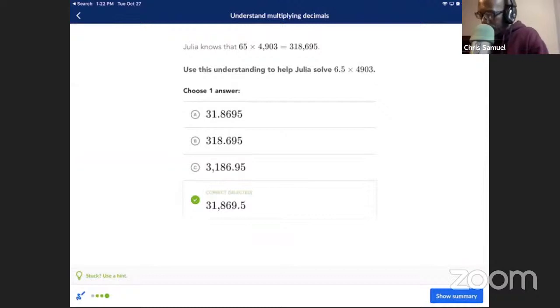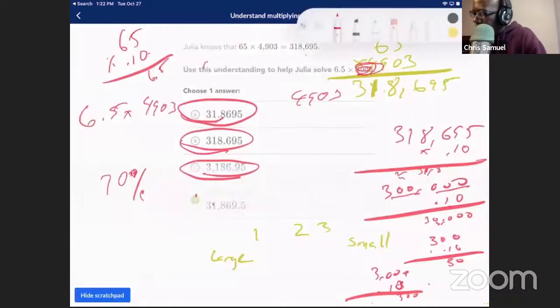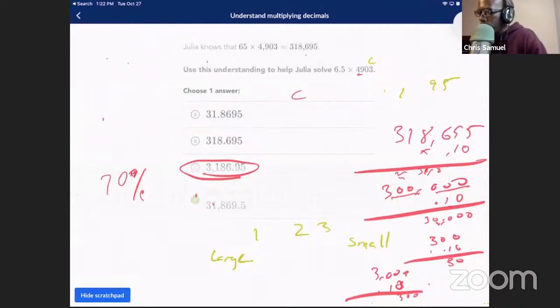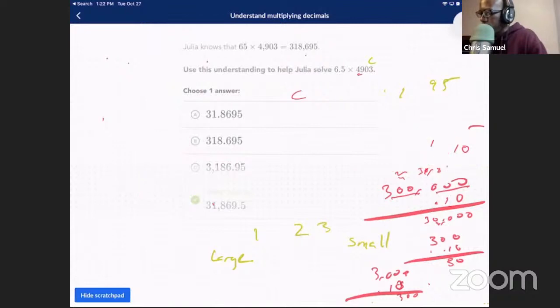So what happened was that because this was 6.5, which is actually 10% of 6.5, then our answer should be 10% less as well.